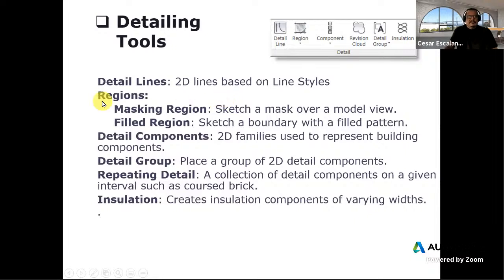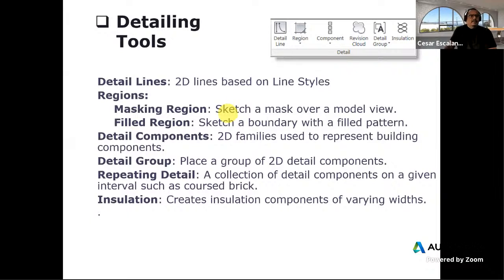I just mentioned all of this. The regions, the part I didn't mention is that under region, there are two types. The fill region and the masking region. The fill region is a boundary with a fill pattern or a hatch. And a mask region is basically like whiteout, like having a patch of white fill that you put on top of the detail to erase that area.